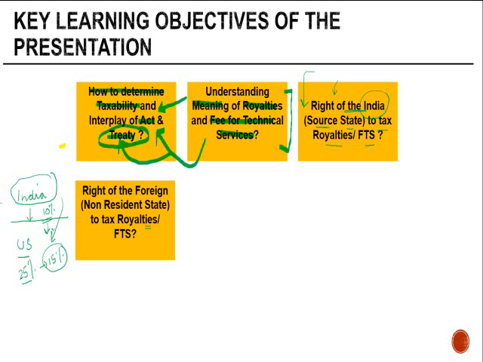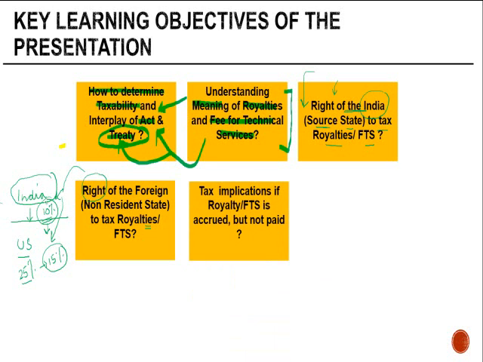It is not only a question of right. What is equally important is whether the US will give a credit for the taxes which have been withheld in India. How the entire mechanism for taxation credit works, that's something which we are going to look at in Article 23.